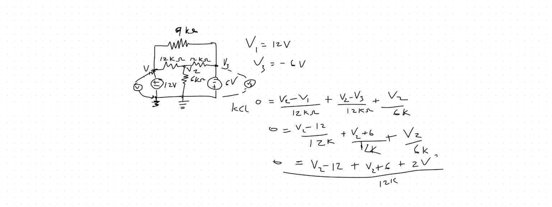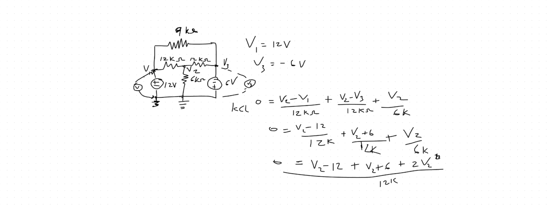Okay, so now we can add up everything. We only have one unknown, and that is V2, right? So what is V2? That was supposed to be V2, yeah.